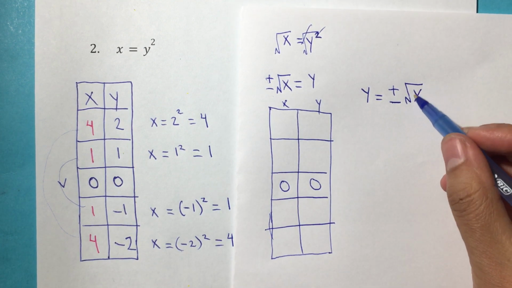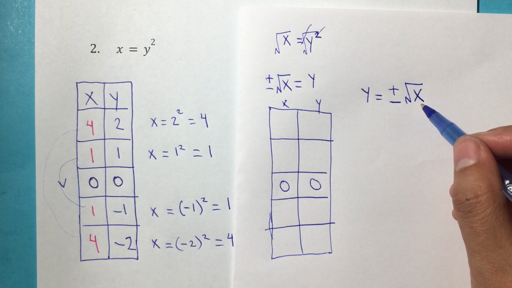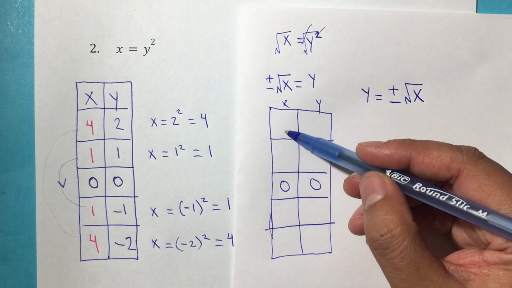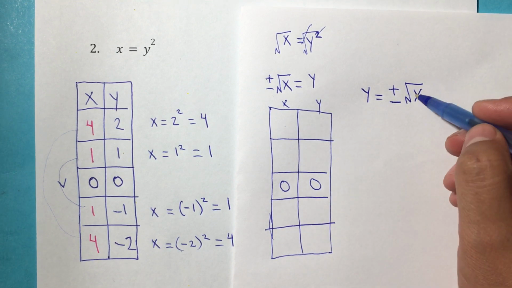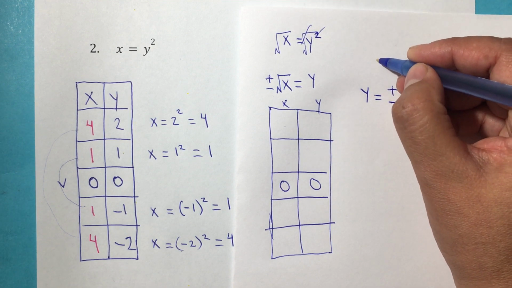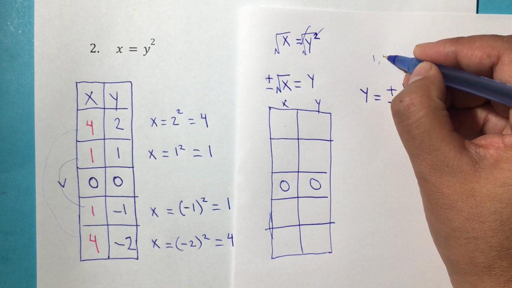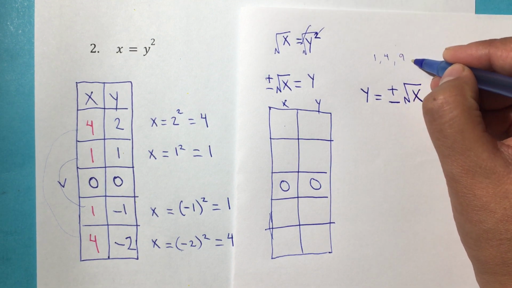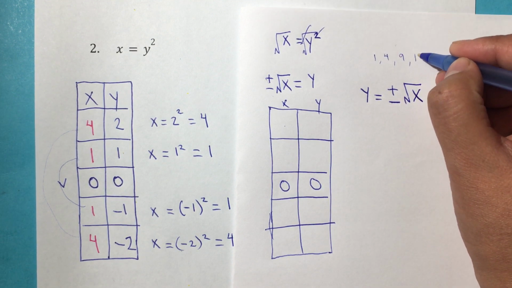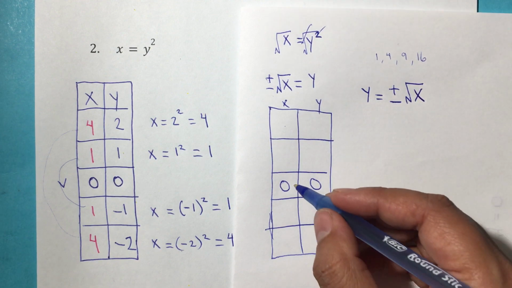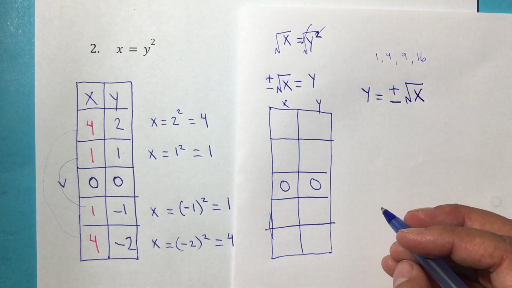And since we're going to be taking the square root of x, we want to choose values for x that are perfect squares. Perfect squares are the answers of multiplying numbers times themselves. So 1 times 1 is 1, 2 times 2 is 4, 3 times 3 is 9, 4 times 4 is 16. Those are perfect squares, and those are the ones that we want to choose in here. And you know what?